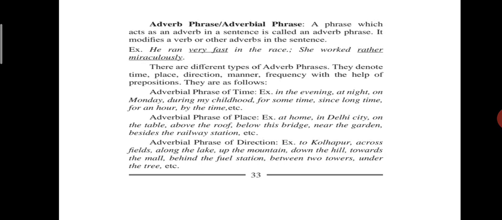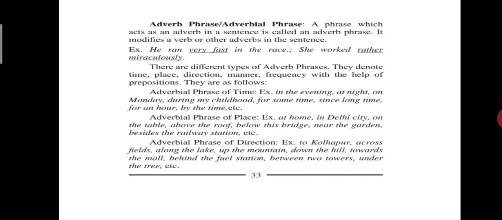Next type, adverbial phrase of place. For example, at home, in Delhi city, on the table, above the roof, below this bridge, near the garden, beside the railway station, etc. It mentions the place. That's why it is called an adverbial phrase of place. Next type, adverbial phrase of direction.